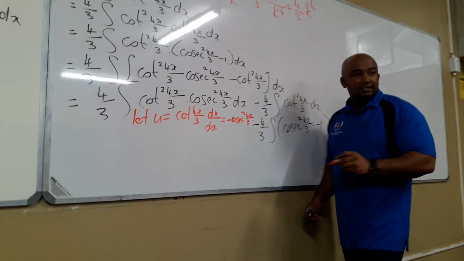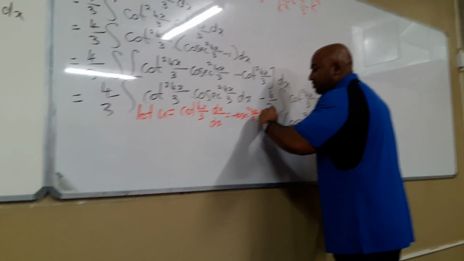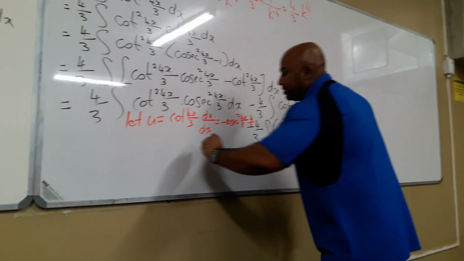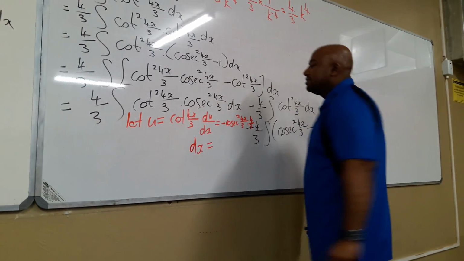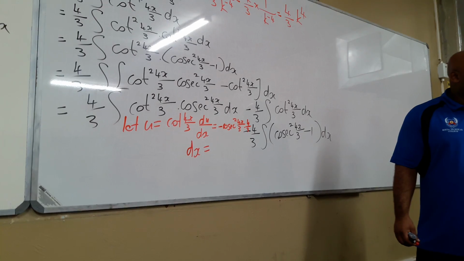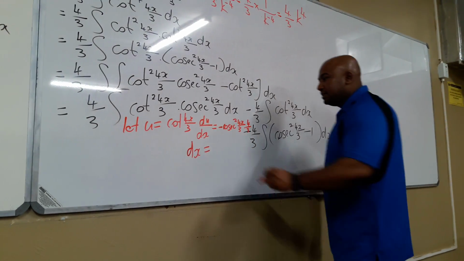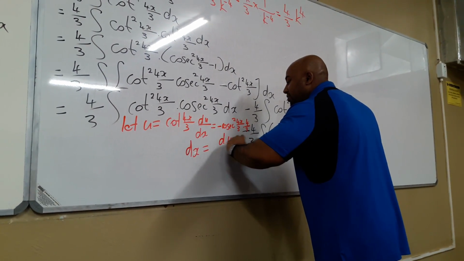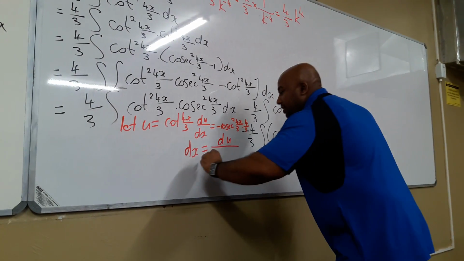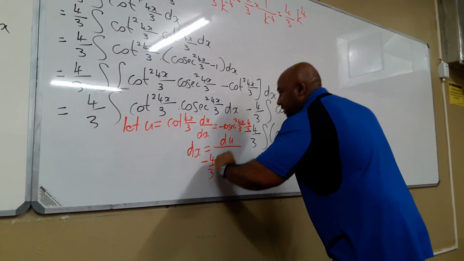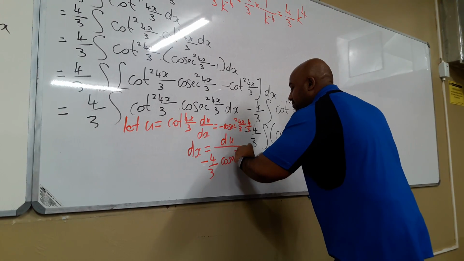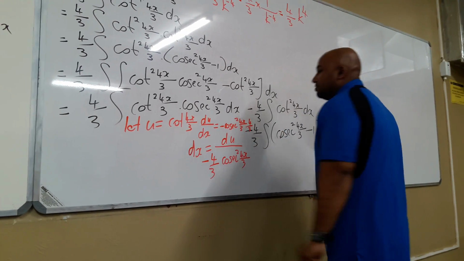Can you all see that? That's times 4 over 3. So what do we do? Simple, make dx the subject of the formula. So that's going to equal to du all divided by minus 4 over 3 cosec squared of 4x over 3.